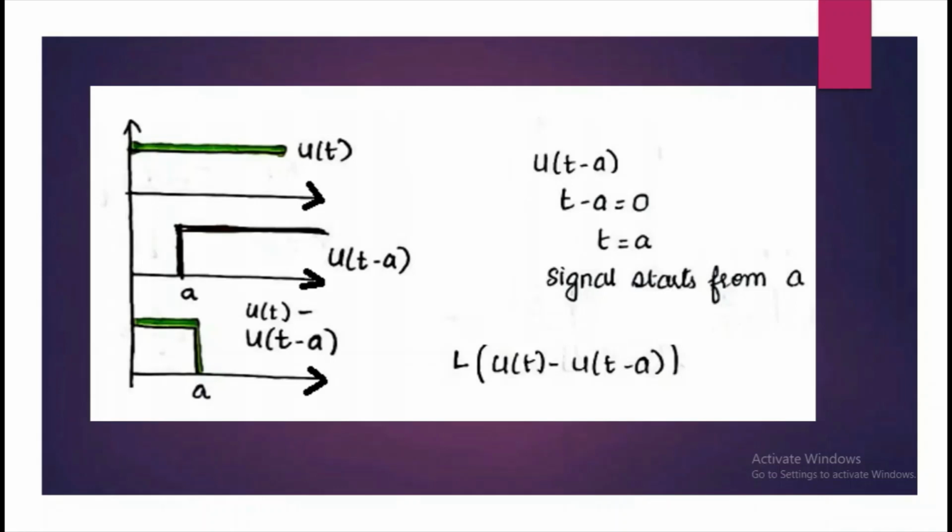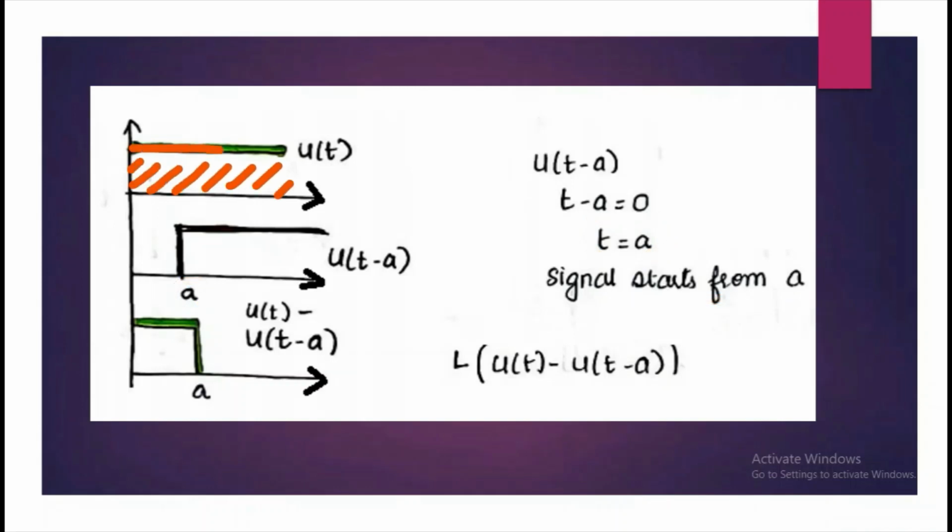So let's find the Laplace transform of the signal for one cycle, and in t domain the signal is represented like this. So this is the unit step signal u of t. This is the unit step signal that starts at t equal to a. Let's equate this to 0, so you get t is equal to a. So this signal basically starts from this particular point.